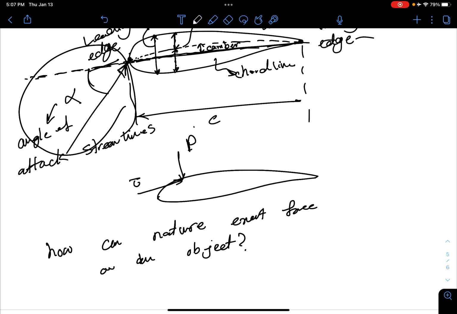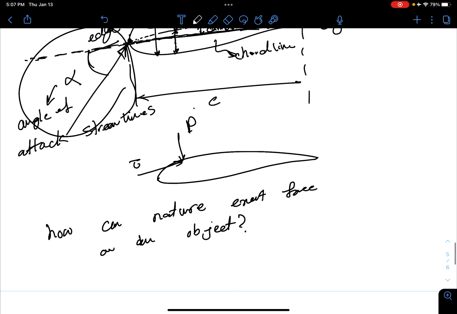Does it make sense? This pressure and shear can change throughout this body, but we will always have pressure and shear present. So I mean, one of them can be 0, but if you have a fluid motion, you will have either pressure or shear present at any part of your object.